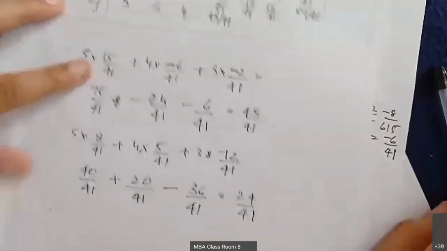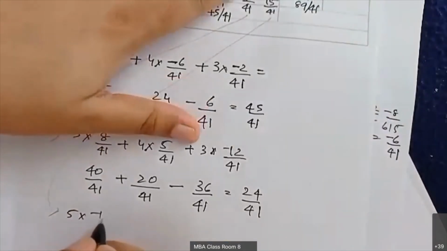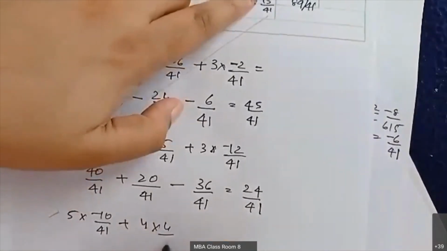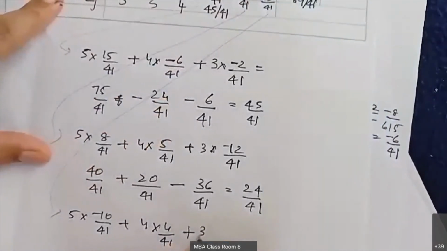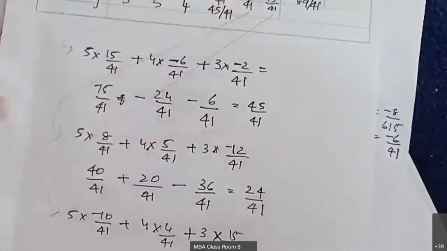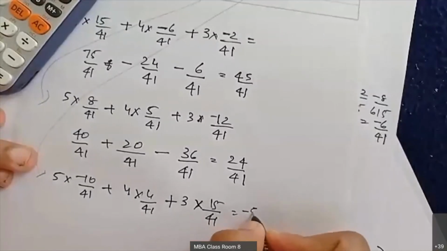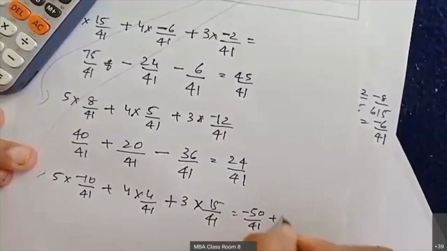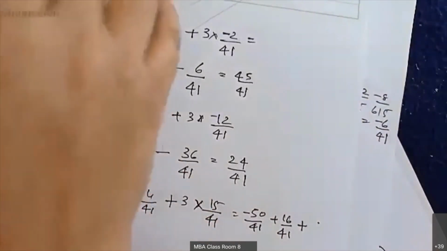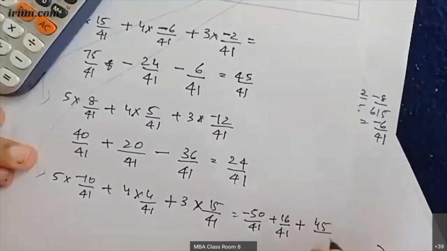Okay, next one, one more number there. What is the value? 5 into minus 10 divided by 41 plus 4 into 4 divided by 41 plus 3 into 15 divided by 41. Okay, tell me, that is minus 50 divided by 41 plus 16 divided by 41 plus 3 into 15, 45 divided by 41.